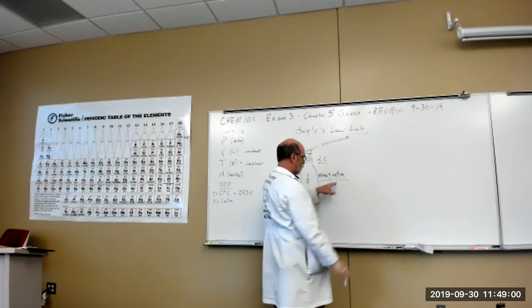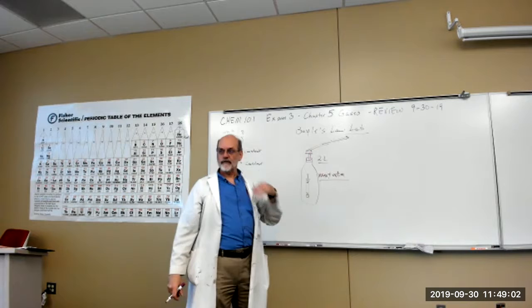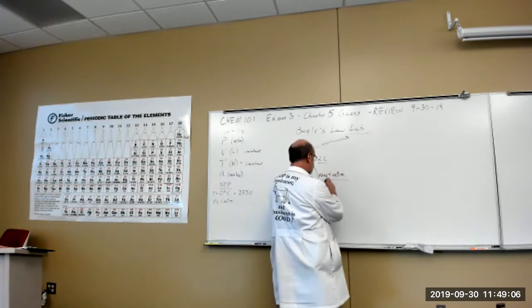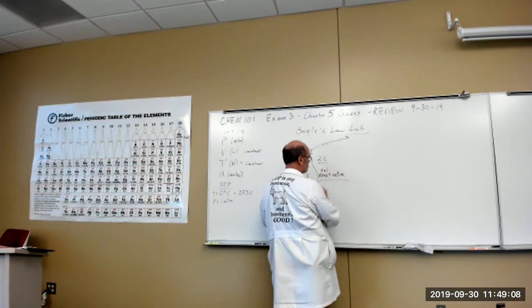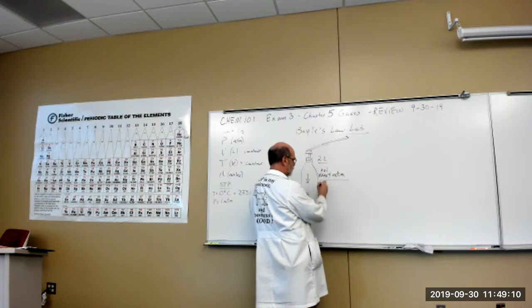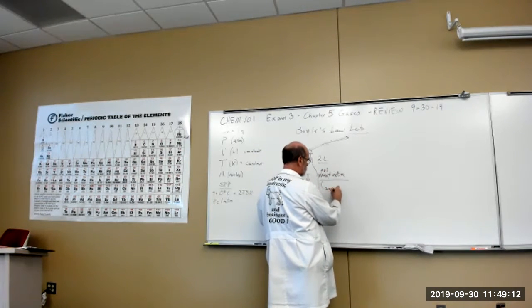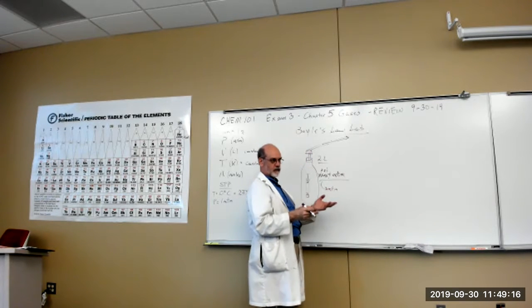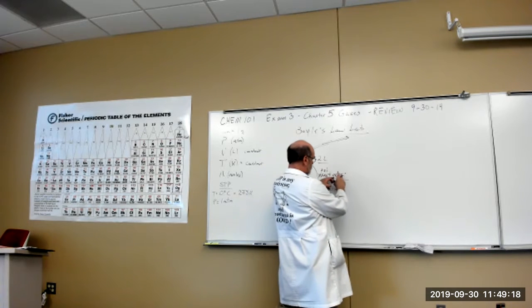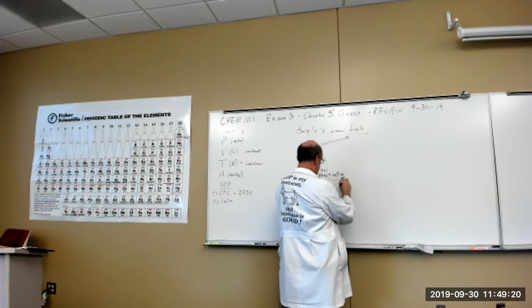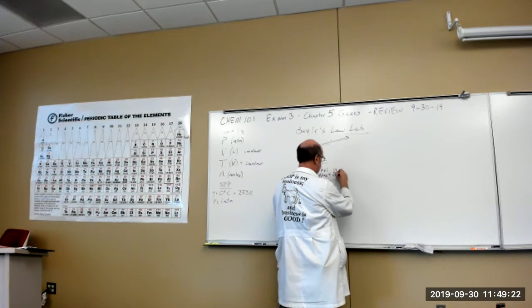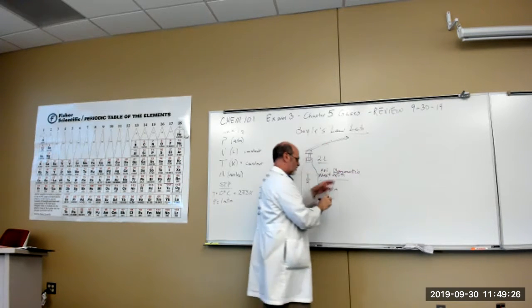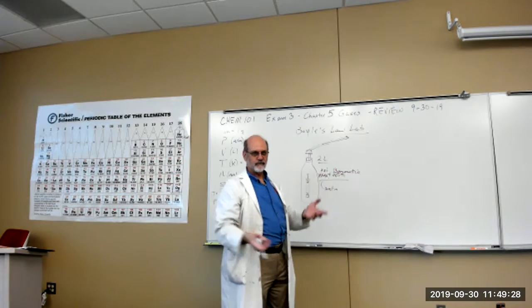So we find atmospheric off the barometer that's in the lab. This measured pressure is going to be in psi, so convert that to atmospheres. 14.7, 14.69, whatever. And I should say barometric, because using ATM, you think units of measure.